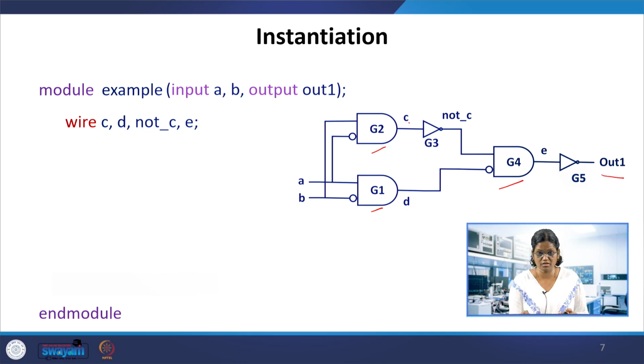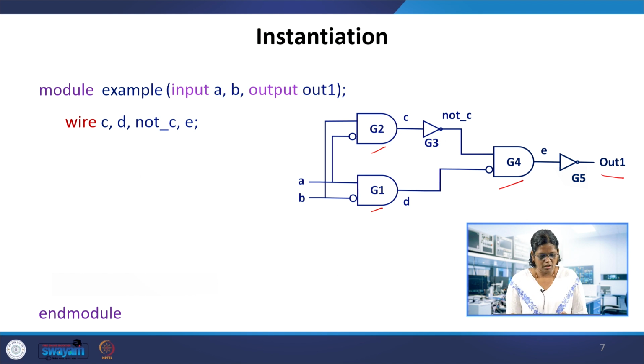G2 and G3 are C, and G1 and G4 input is D here, and for G3 and G4 the first input is not C, whereas the output of G4 is connected to G5. So this gate, I think we can call it G5 instead of G3, so that G1, G2, G3, G4 don't clash with not C.